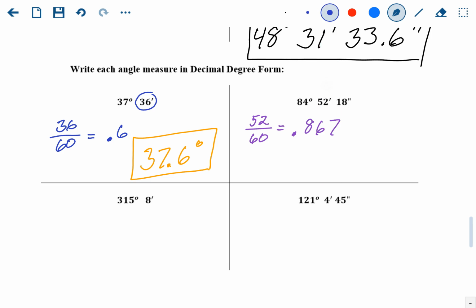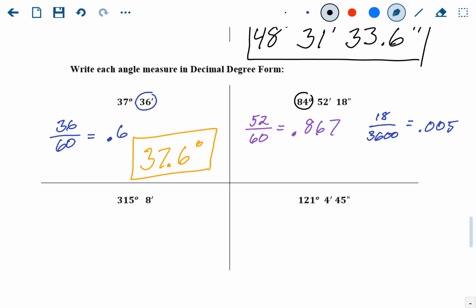Take the second portion, 18 divided by 3600. Write down that decimal. This one's 0.005. All right, and lastly, we're just going to add all those together.